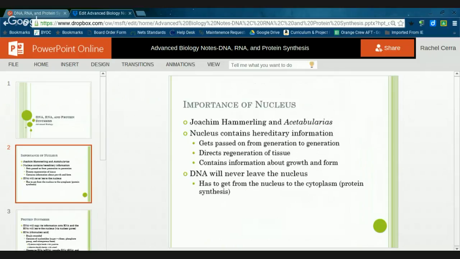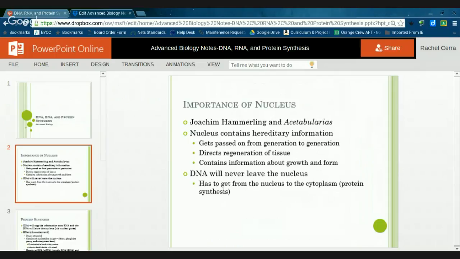It will also contain information about the organism's growth and form, because obviously when you're very young, you do not look like what you're going to end up looking like as an adult. So your nucleus, specifically your DNA, is going to have that information.